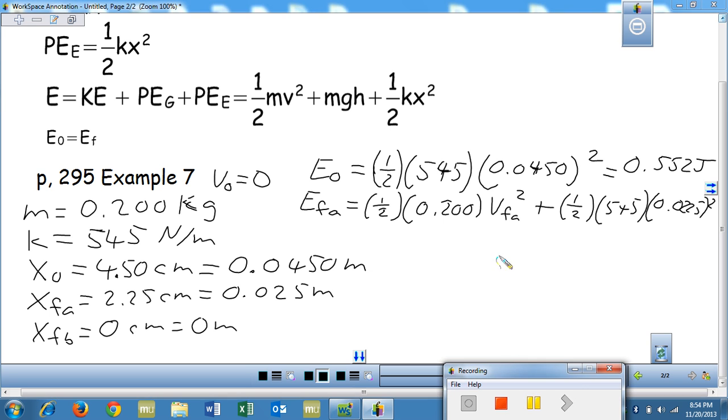Hold on. Okay, so half of 0.2 is 0.1, 0.1 V final A squared plus, and this thing over here turns out to be 0.138.